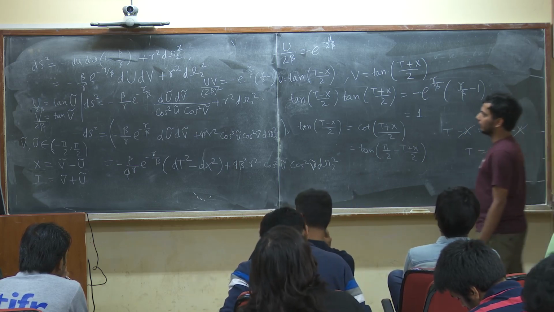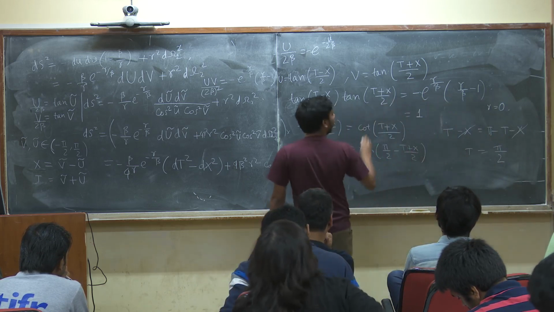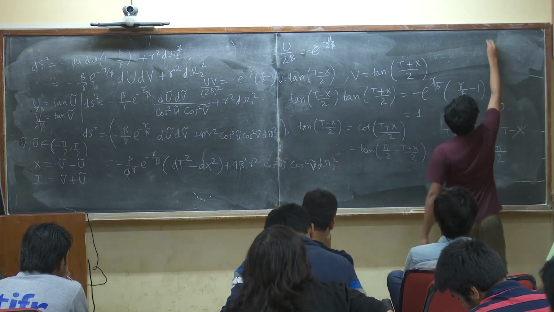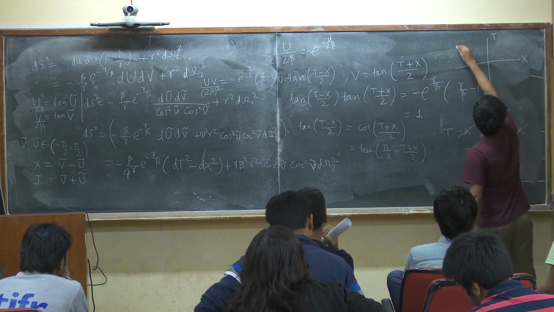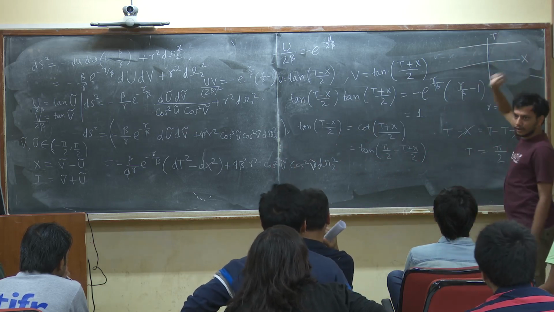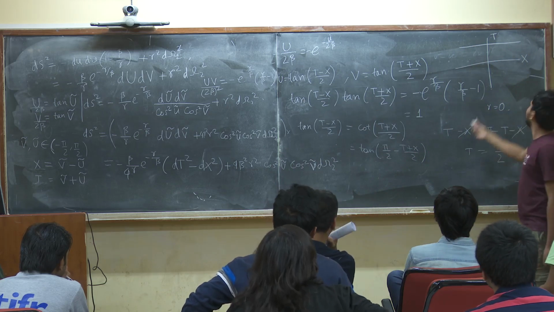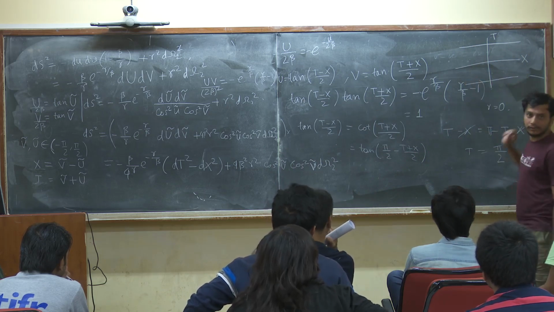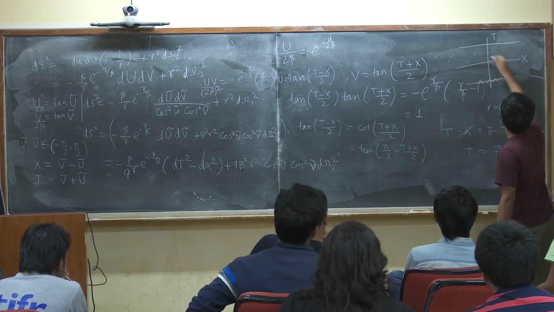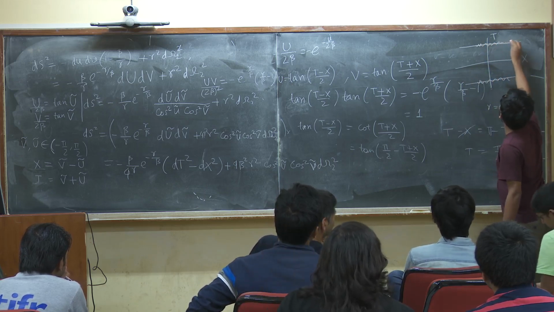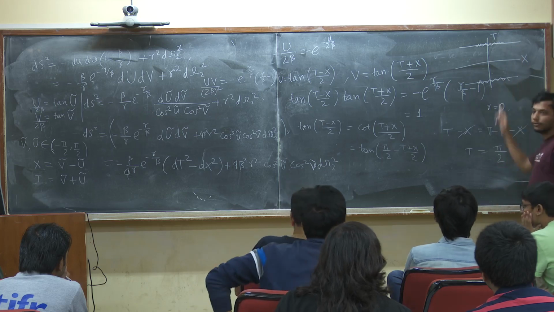Excellent. So if we draw the coordinate system as t and x, the t is equal to pi by 2 line is this, or shifted by pi. This also. So these are the singular points. So r is equal to 0 represents these two lines.